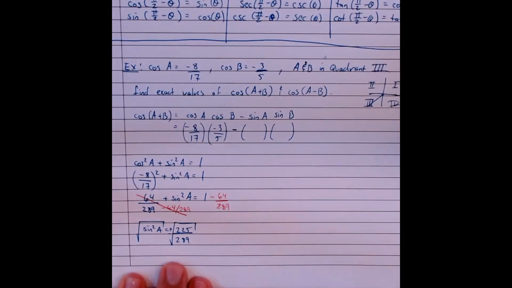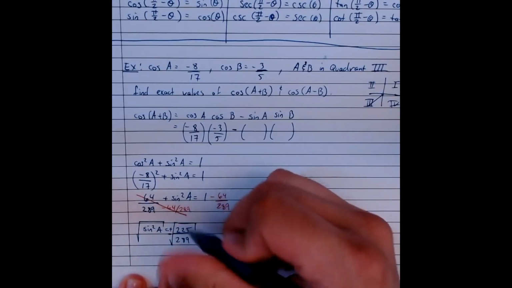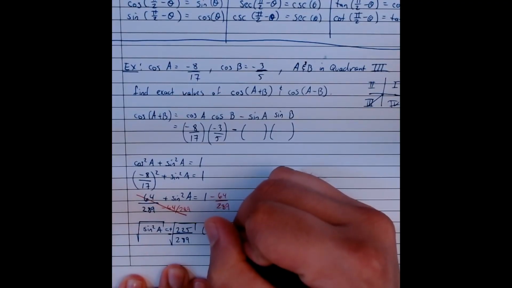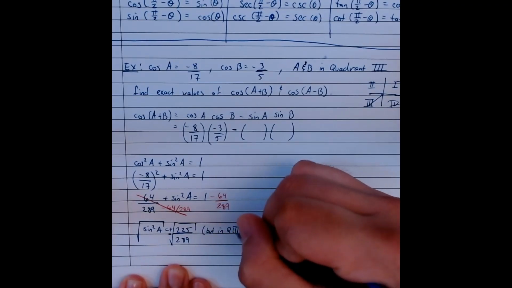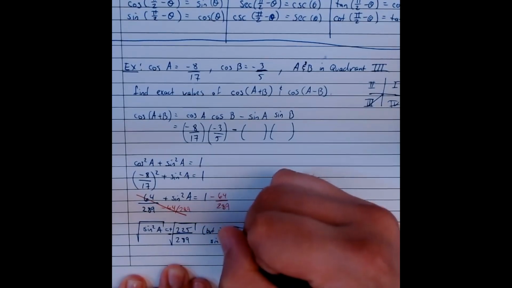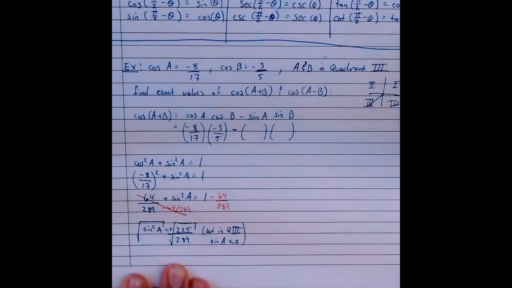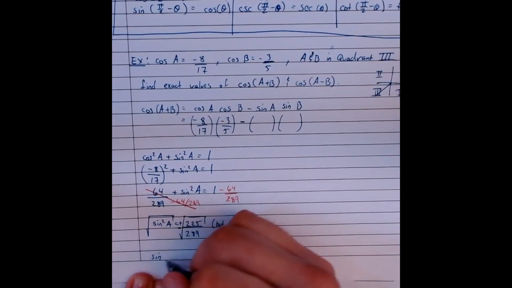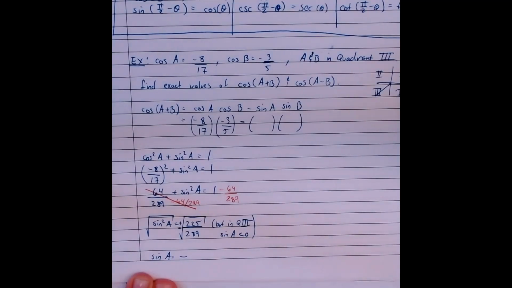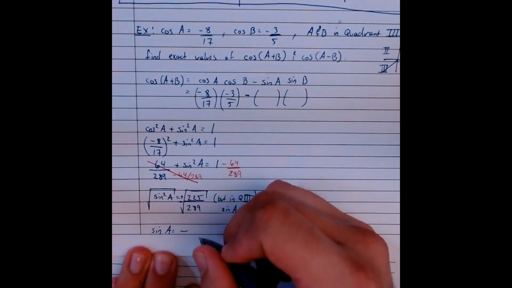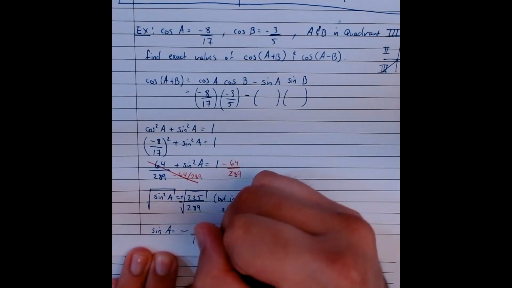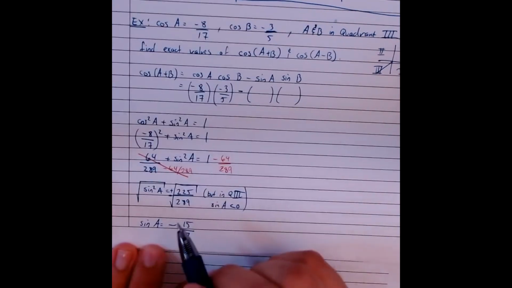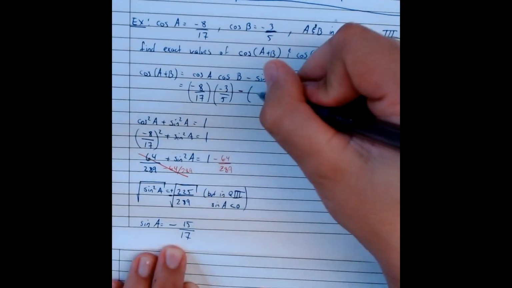So here, even though it should be plus or minus, I know that in quadrant 3, the sine of A should be less than 0. It should be negative. So here I'm going to get that the sine of A is equal to the negative square root. The square root of 225, that's going to be 15. And the square root of 289, that's 17. All right, and there we go. So now I know the sine of A, that's going to be negative 15 over 17.